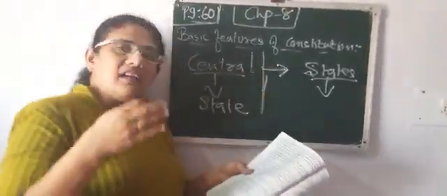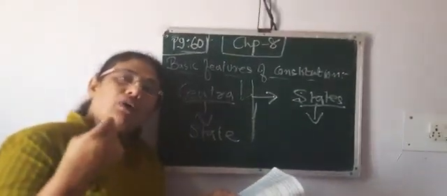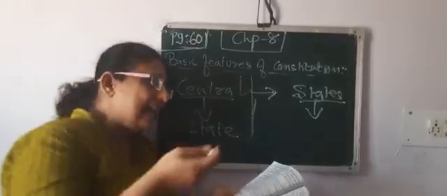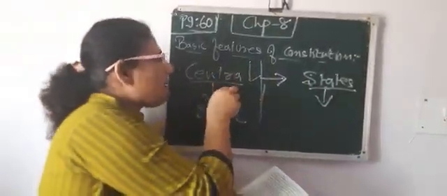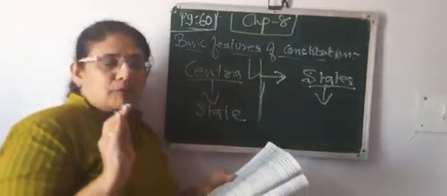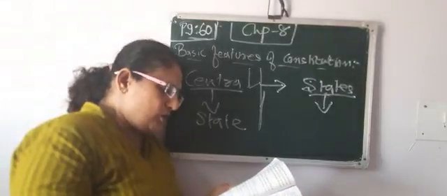The central government. State government will take care of whatever education there is or whatever taxes will be taken, that will be decided by the state. So we are divided into two parts, central government and state government. So we can say in some way we are federal also.